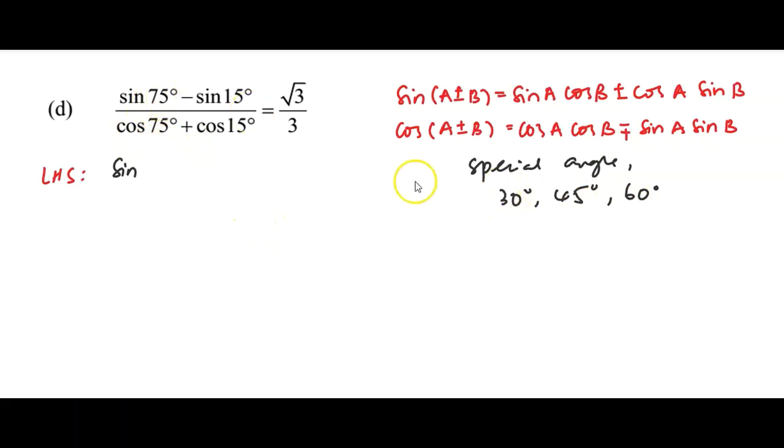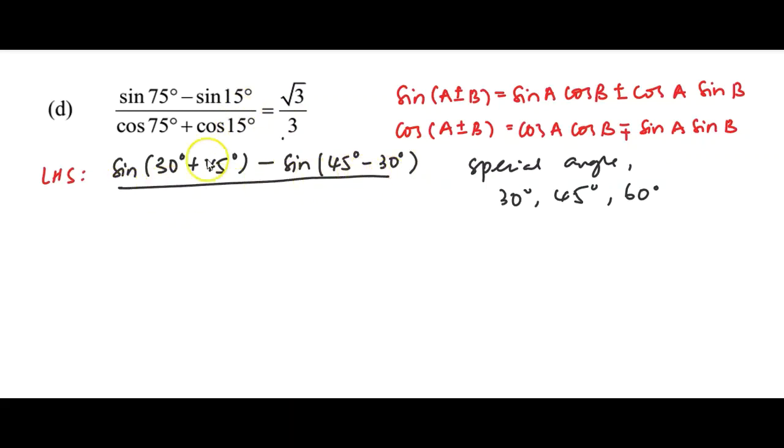Okay, 75 consists of 30 plus 45. And sine 15, we can relate to 60 minus 45 or 45 minus 30, that will be 15. And this is divided by cos 45. Again, the cos 75 is replaced by 30 plus 45.